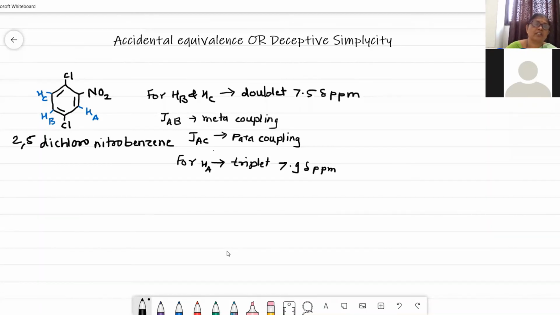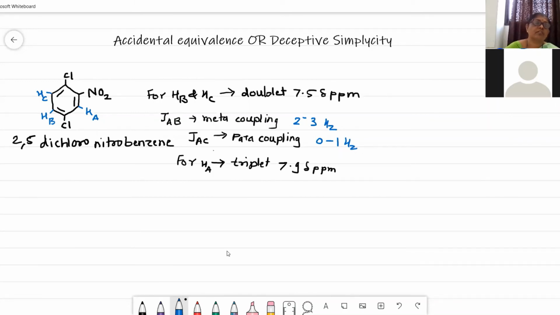In that case, HA proton couples with HB. That coupling is meta coupling, and the value for meta coupling is 2 to 3 hertz. But for para coupling, it is 0 to 1 hertz.